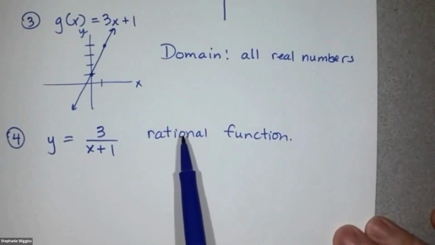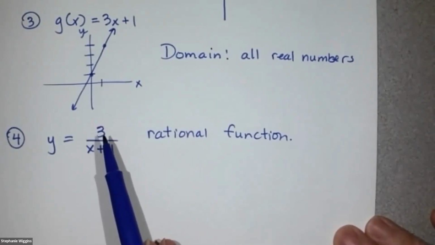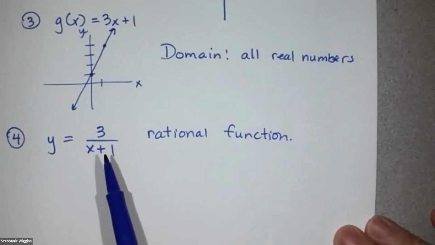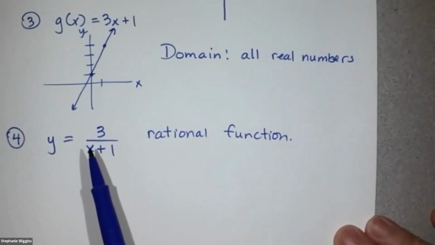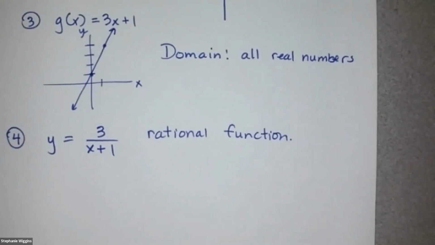So rational functions have the numerator is a polynomial. There's a constant 3, that's a polynomial. And the denominator is a polynomial that has degree greater than or equal to 1. In this case, x plus 1 is a degree 1 polynomial. That's the power on x is 1. And because it's in the denominator like that, we could conceivably have 0 in the denominator. We're not allowed to divide by 0.